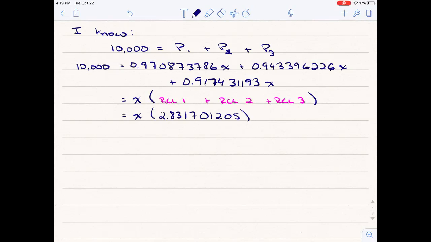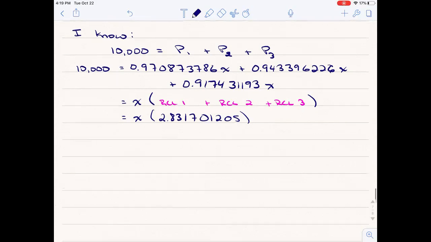Okay, we're so close. Remember that all of this has to equal 10,000. Solving for x, then we get 10,000 divided by 2.8317012005.